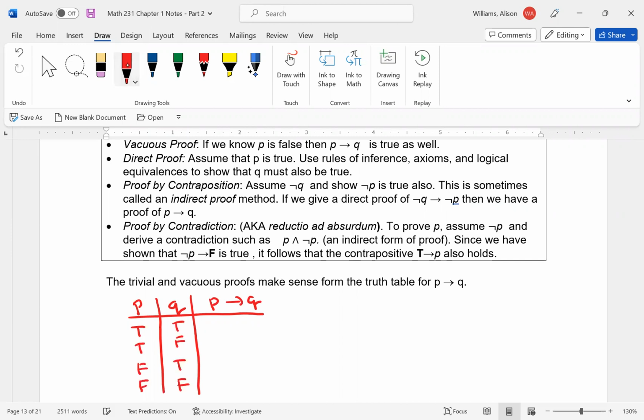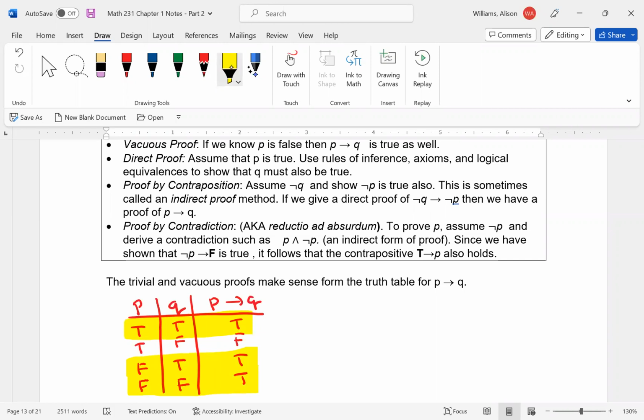And the only one of these that doesn't come out true is this second one, when we have true implies false, a true thing giving us a false statement.